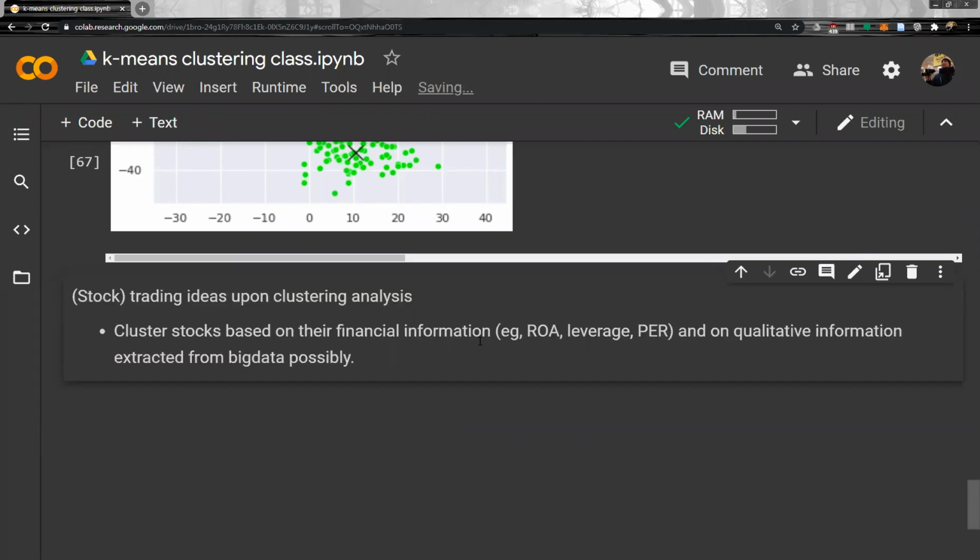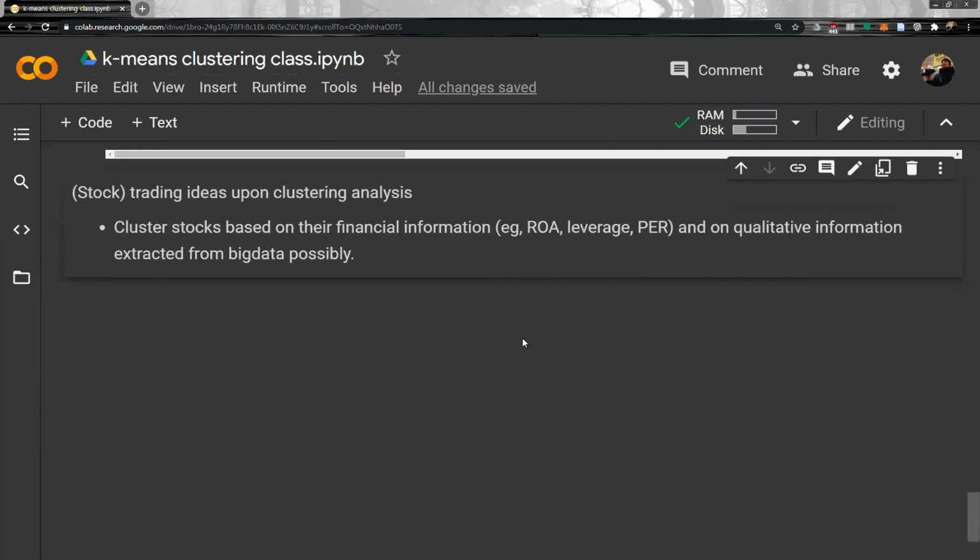So cluster stocks based on their financial information and on qualitative information extracted from big data, possibly.